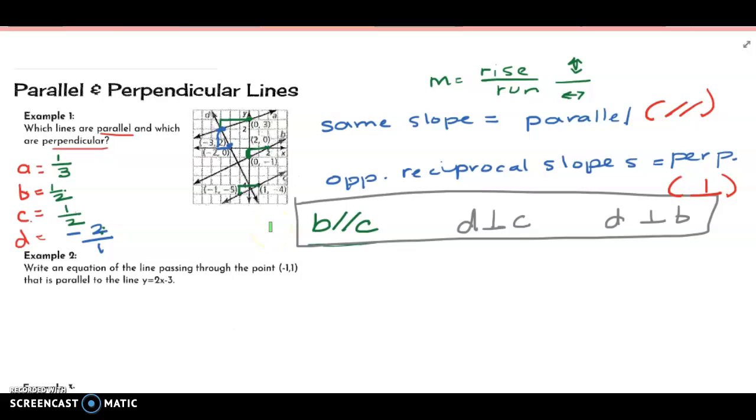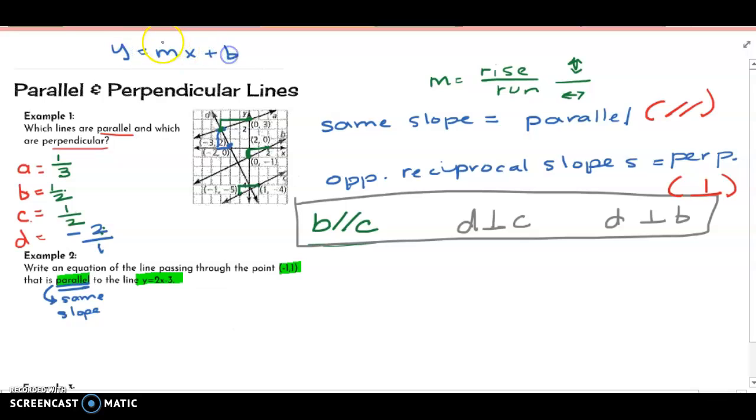All right, let's look at example 2. It says write an equation of the line passing through the point negative 1, 1 that is parallel to the line y equals 2x plus 3. All right, so what you need to ask yourself, if these are going to be parallel, that means they have the same slope. Remember y equals mx plus b, we always find the slope right here.